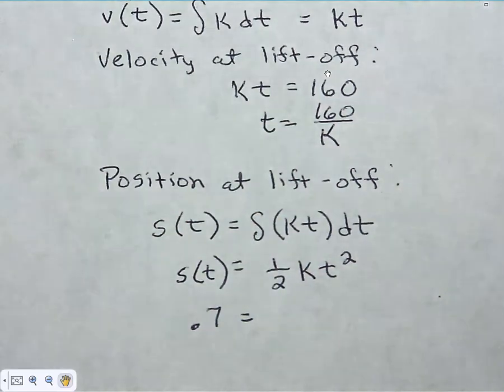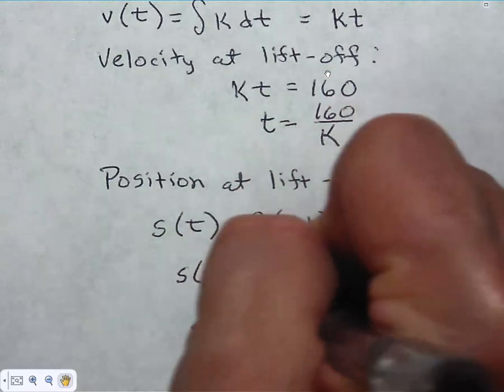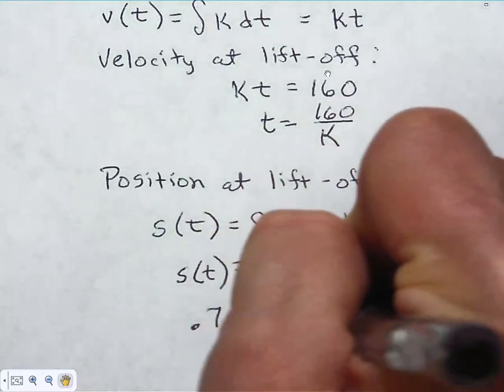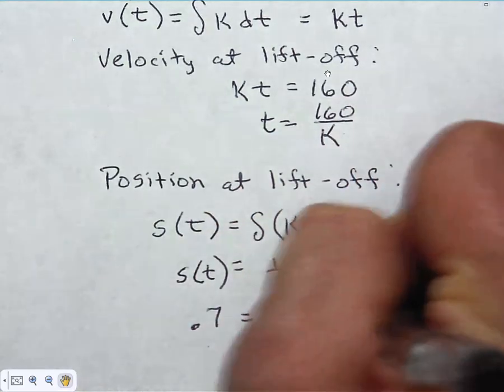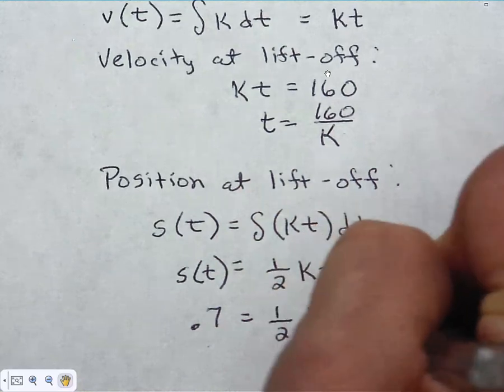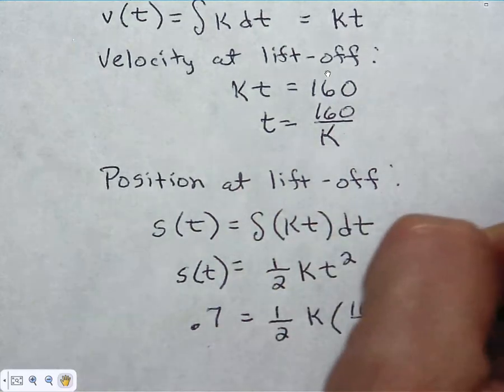Beautiful. The position is 0.7 when t is 160 over k squared.